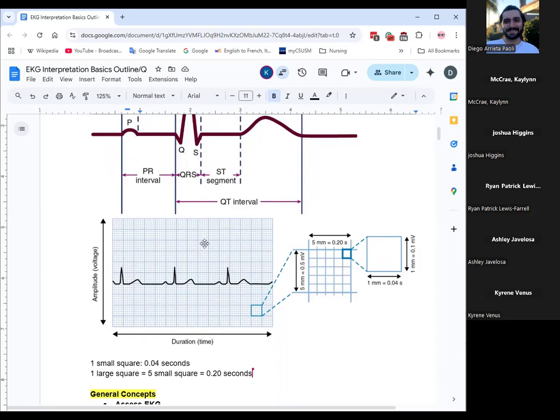You can have the little calipers to do it on the physical paper, but for the most part, the things you'll get tested on will be easy enough that you could see more or less just by eye. So you can see my mouse. I can just use my mouse to get a general feel for how much distance I'm going.